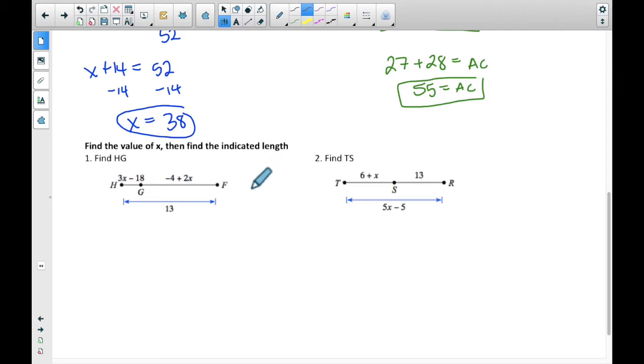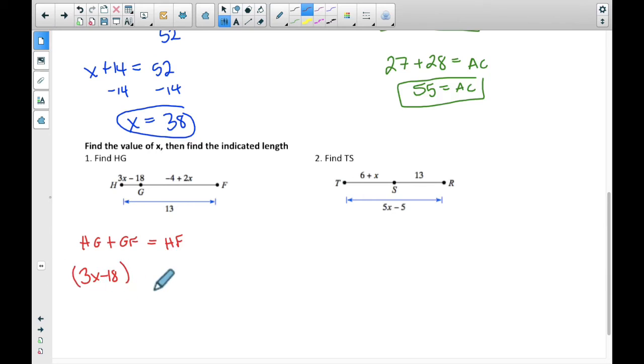Okay, well, how are we going to do that? Well, we know the segment addition postulate, and the segment addition postulate says that HG plus GF is equal to HF, right? That's the segment addition postulate. So now I can plug these things in there. So in other words, HG, I have 3x minus 18.